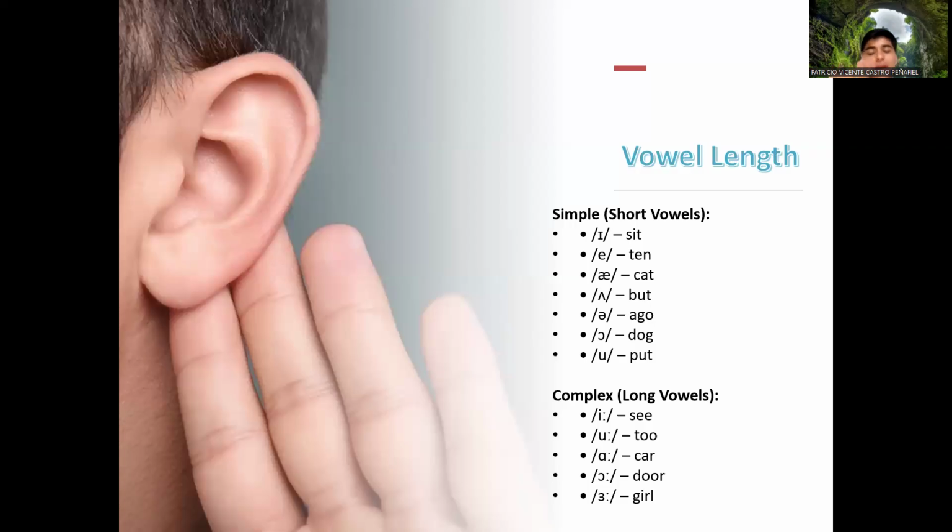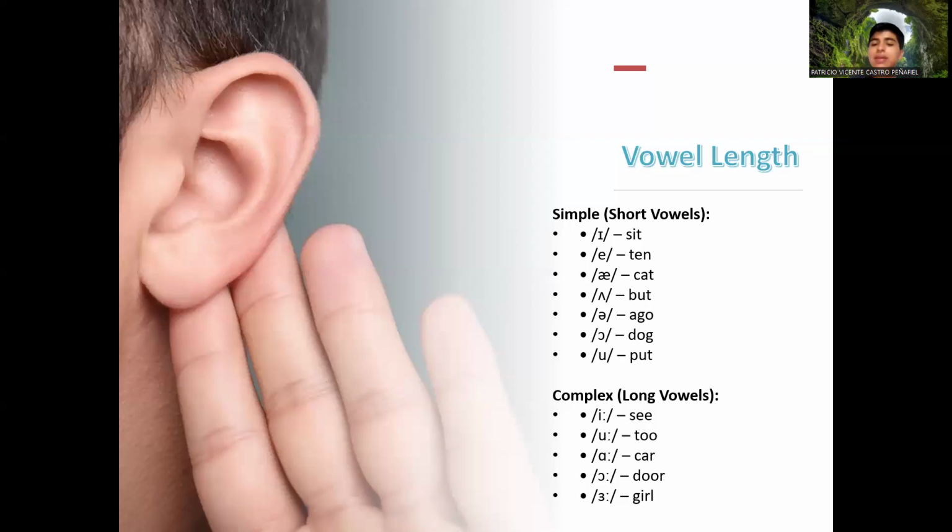The next example is two. You have to round the lips and hold it. Two, oo. Or blue, or food.